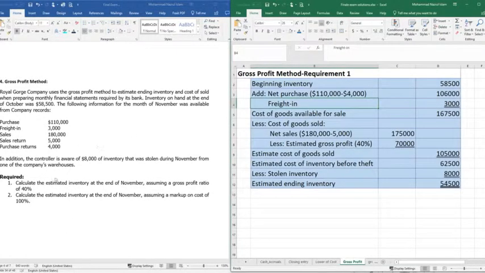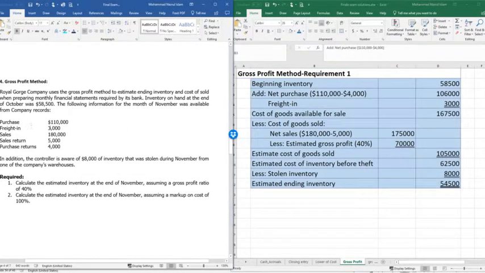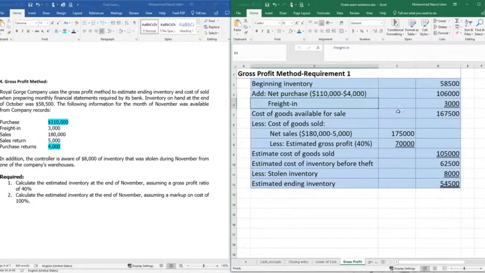So here is the solution to requirement 1. We started with beginning inventory, then add net purchases. So how did we get that? This one is the purchase amount, and we have the purchase returns of 4,000. So we have 106,000. And the freight in, we have added this one, the cost of goods available for sale, then less cost of goods sold, so net sales less estimated gross profit of 40% for requirement number 1, and the estimated cost of goods sold is this one.